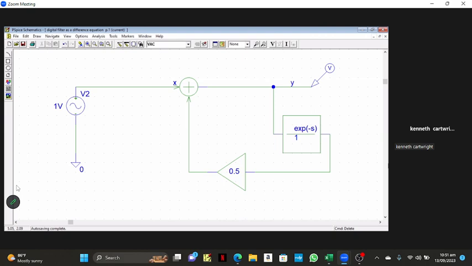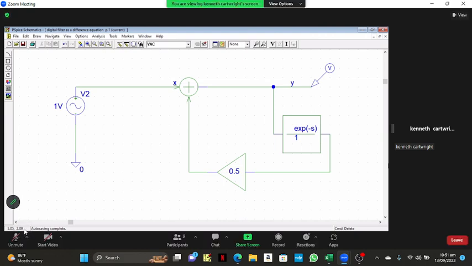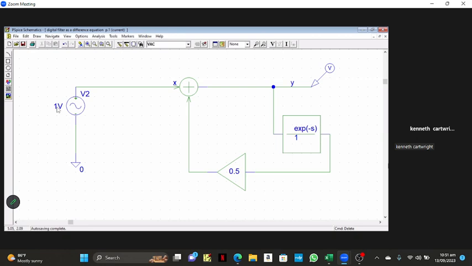All right, are we clear on what the output is? Are we clear that Y is the output? Yes, sir. All right. Look at your notes from last class. What was equation 4.5?